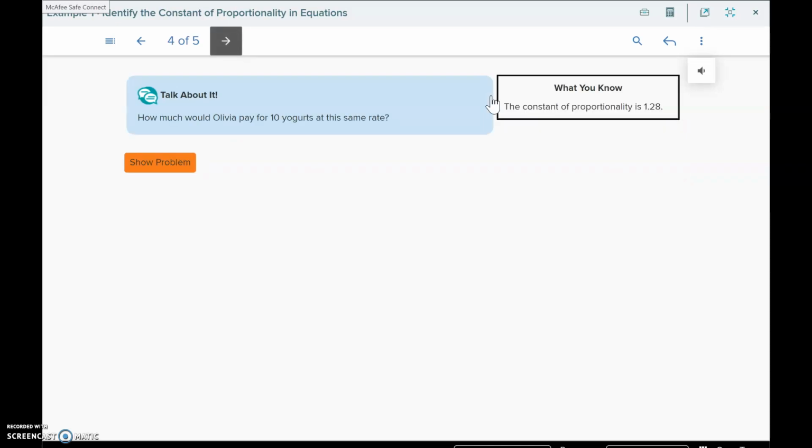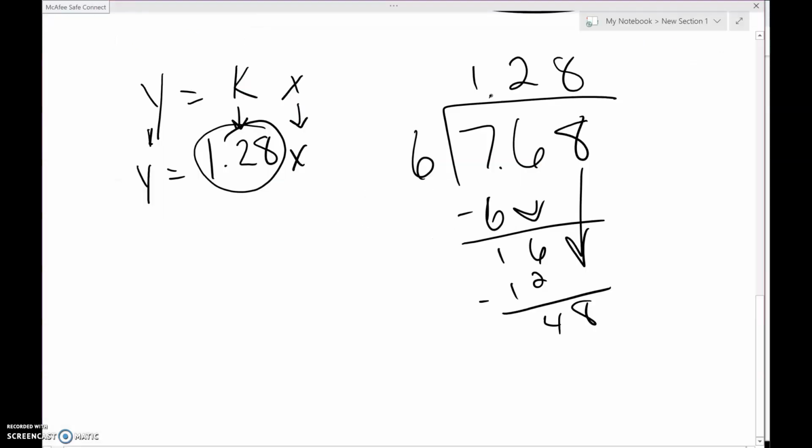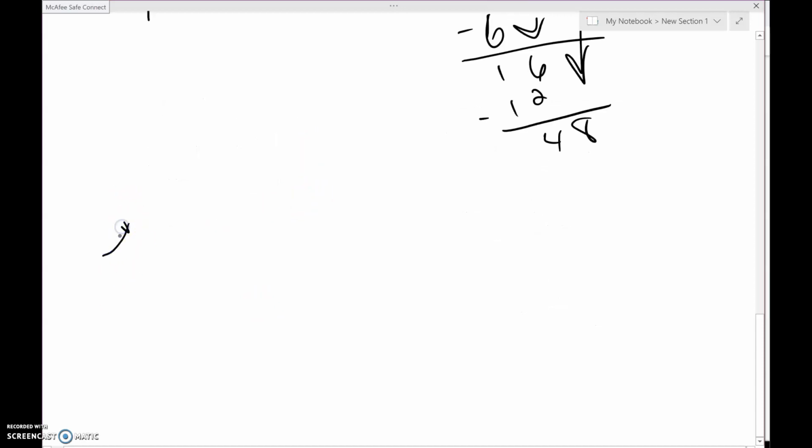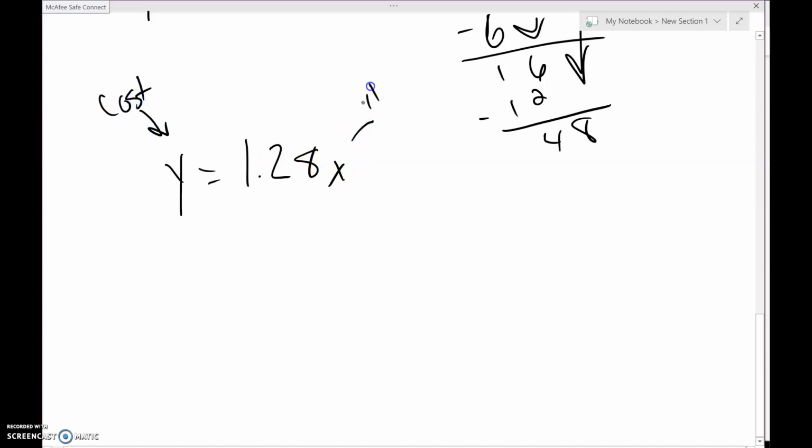All right, so how much would Olivia pay for 10 yogurts at the same rate? Remember, the constant of proportionality is 1.28. So we have y equals 1.28x, where y is my cost and x is my number of yogurts.